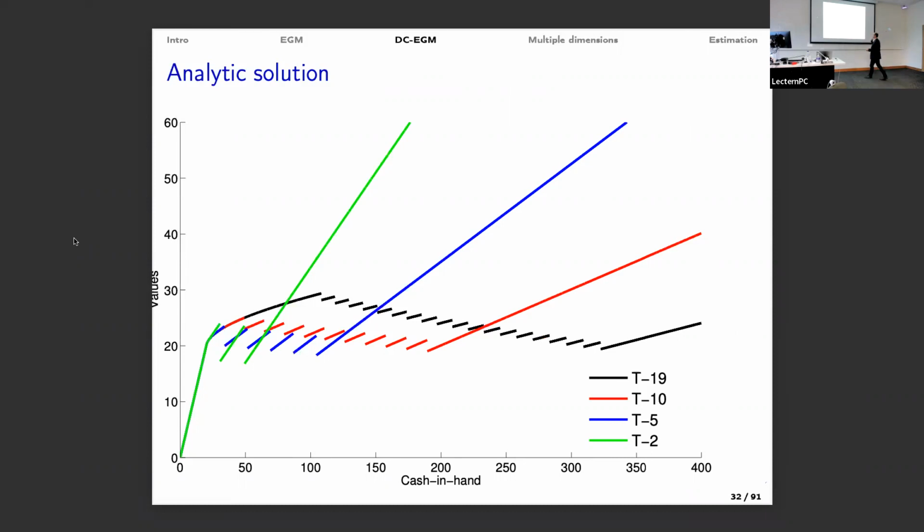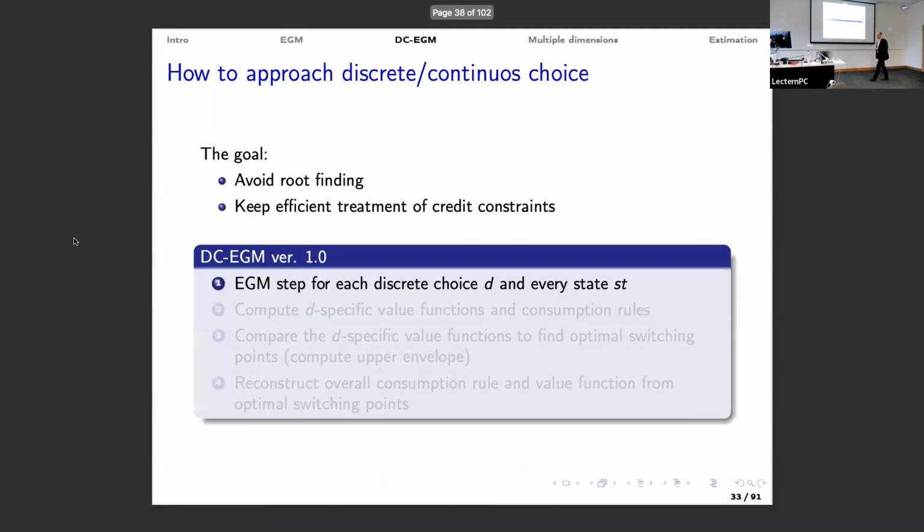So our consumer, our decision maker, starting from any level of cash in hand in the beginning of life cycle, would calculate this such that, taking into account the temporal budget, the simulated profile jumps between these discontinuous sections and produces a completely flat profile in the simulation.